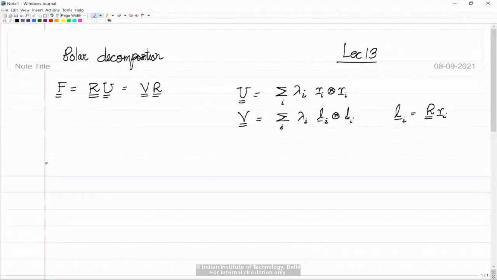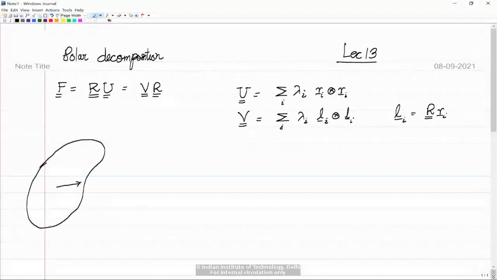So we said that if we have a reference configuration, then you can think of three lines here, which are the eigenvectors of U, and they are little r1, little r2, little r3.